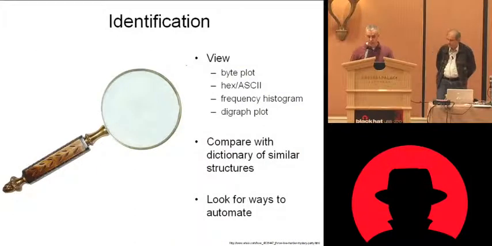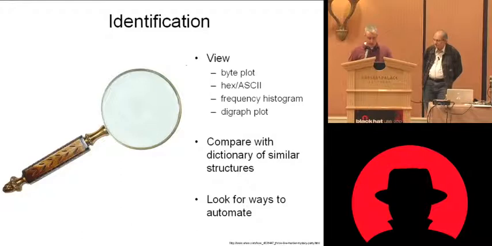And the general approach we suggest in trying to identify these things, alluding to identifying the chimera, is the byte plot view, which we showed, looking at hex and ASCII. We also present two others: a frequency histogram of the bytes, and the digraphs, the two-value sequences appearing in the file.